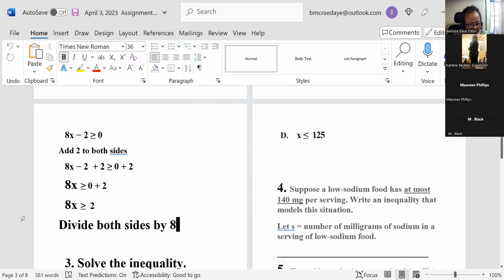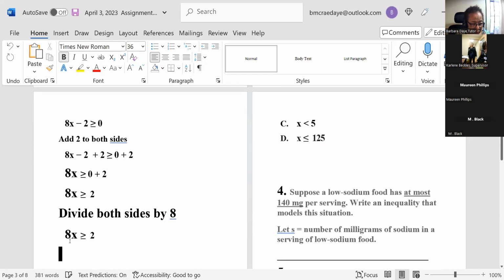Now, let's just rewrite this. Okay. If you divide both sides by 8, right? Let's just put 8 underneath this.